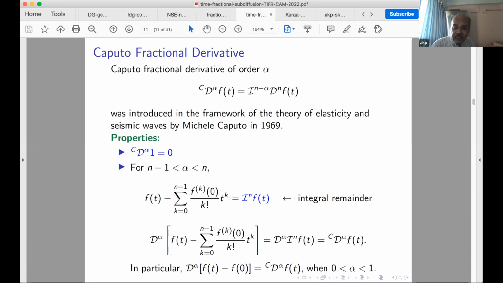So for example, when n is equal to 1 and alpha lies between 0 and 1, the only difference between Caputo derivative and Riemann derivative is D alpha acting on f of t minus f of 0. Okay, so that is the difference.